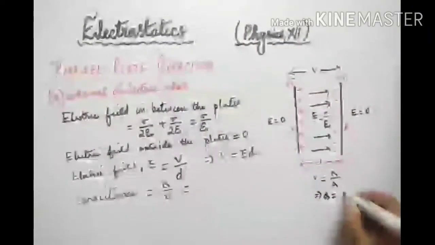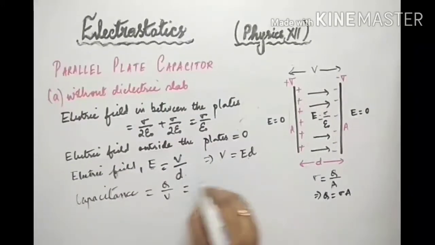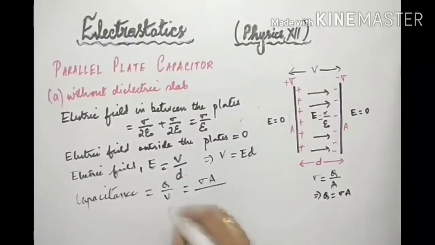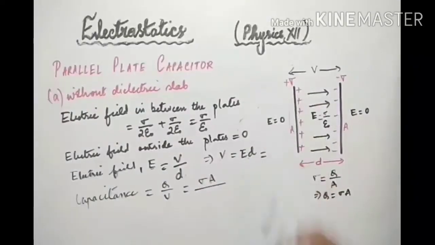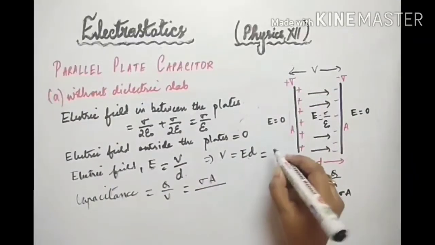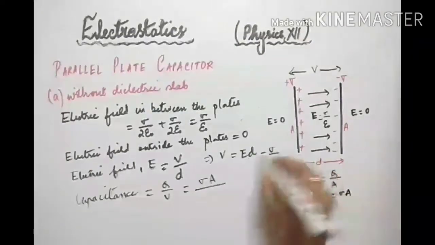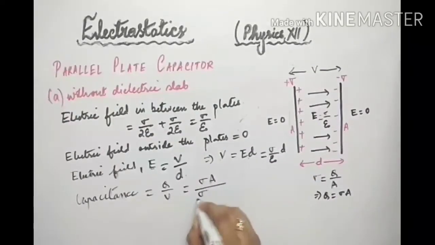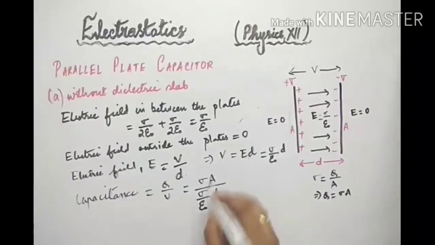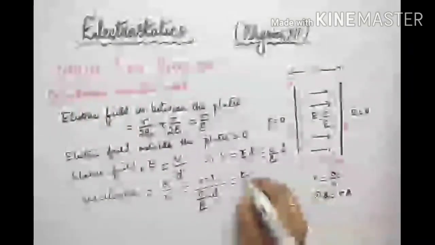So Q equals sigma into A. So here we can write sigma into A. And V can be written as, now the electric field has the value sigma by epsilon naught, and D is here, so sigma by epsilon naught into D. So sigma and sigma will get cancelled. What will be left behind?